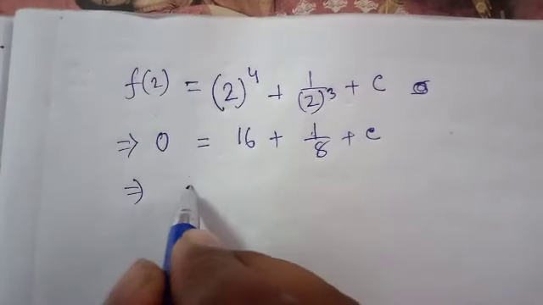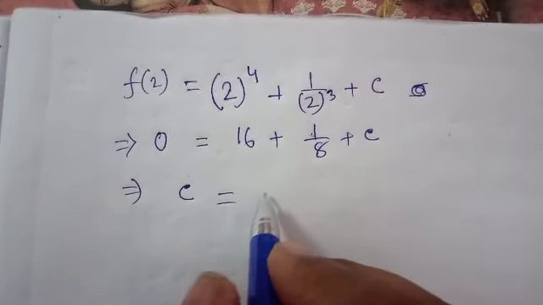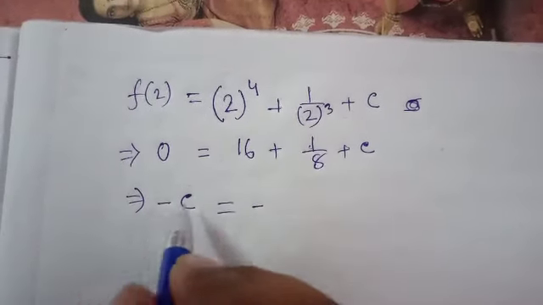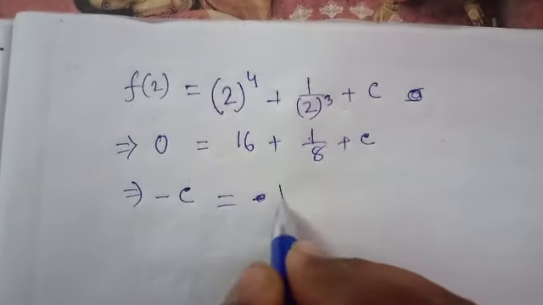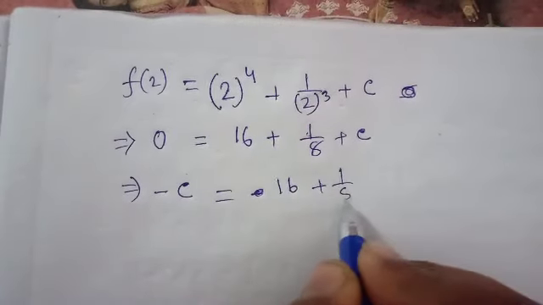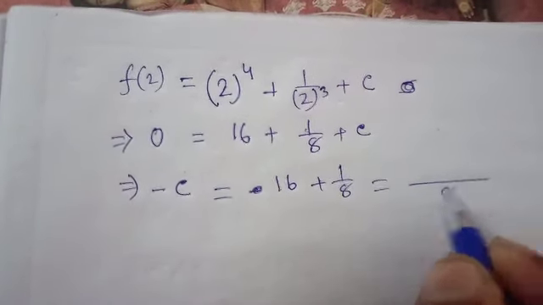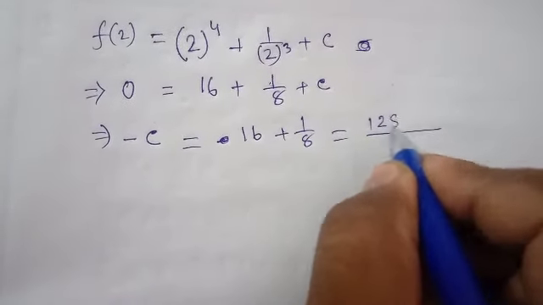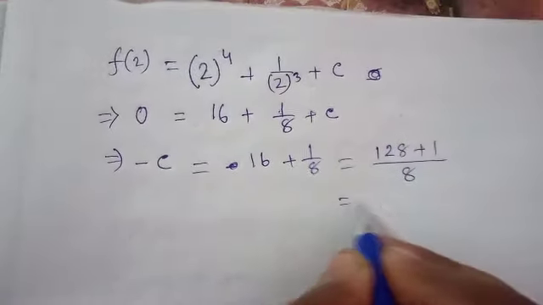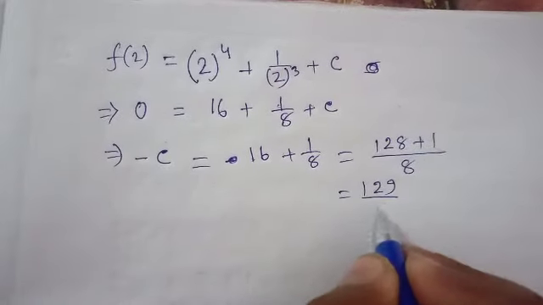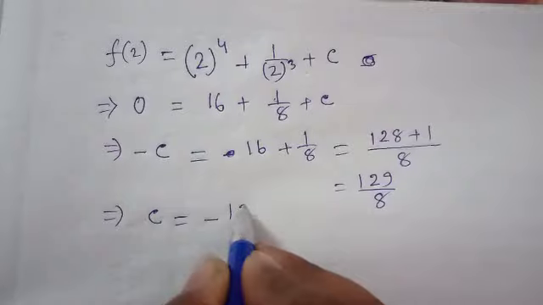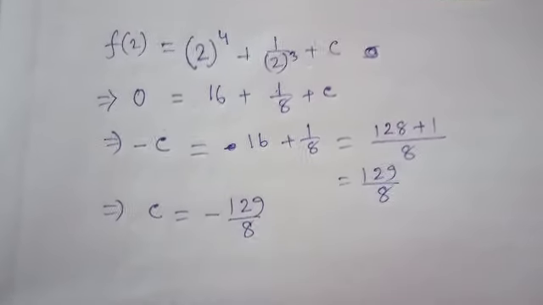So c equals minus, you write it, 16 plus 1 by 8. The LCM is 8, so the value is 128 plus 1 is 129 by 8. So c equals minus 129 by 8.